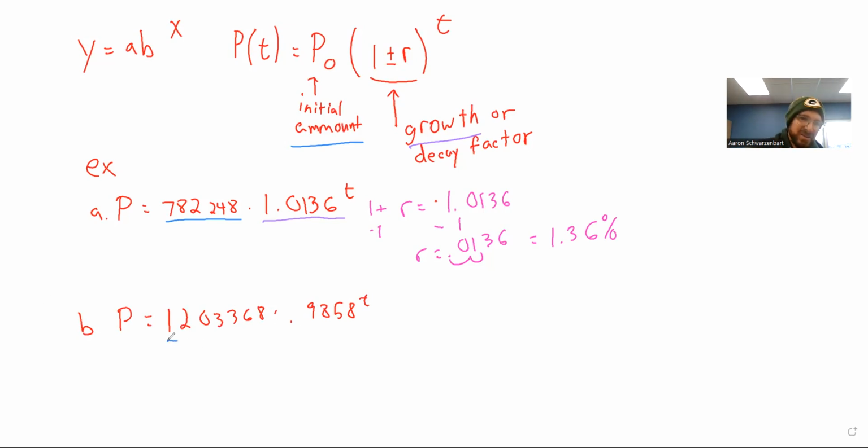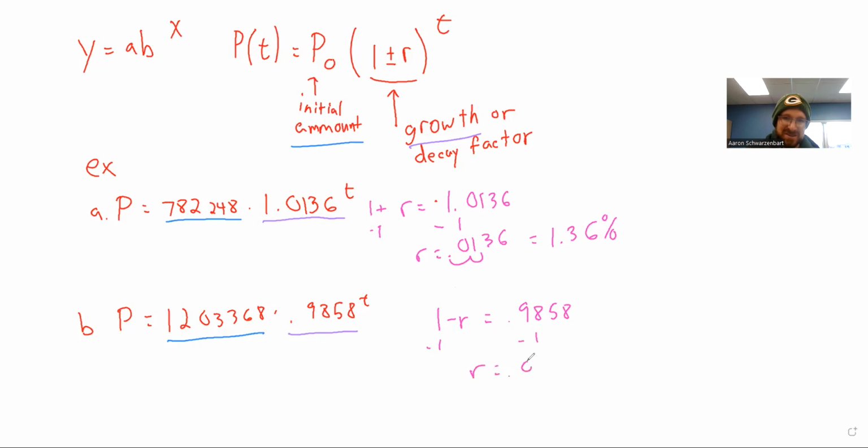So my initial amount is 1,203,368. And my decay factor is 0.9858. So if I want my decay rate, it's 1 minus r equals 0.9858. I'll subtract 1.